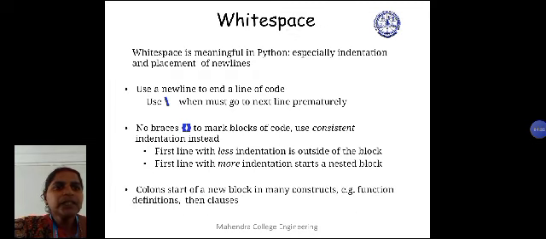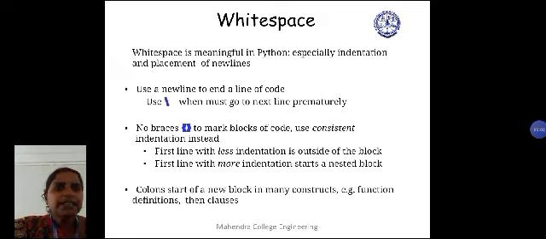The next important thing is white space. White space is meaningful in Python, especially indentation and the placement of new lines. Normally new lines are marked by backslash n in some other languages, but in Python we use a newline to end a line of code, and use a backslash when we must go to the next line prematurely.